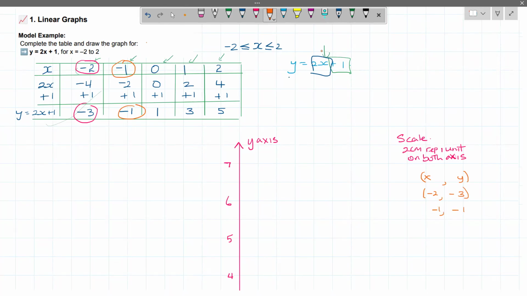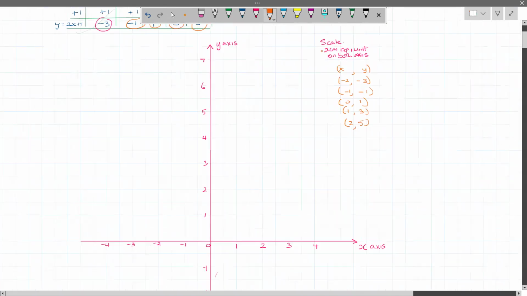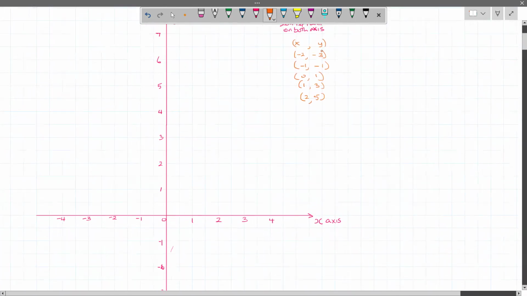Then we have 0 and 1. Then I have 1 and 3. And then we have 2 and 5. So the first number is our x value, and the bottom number is our y value.